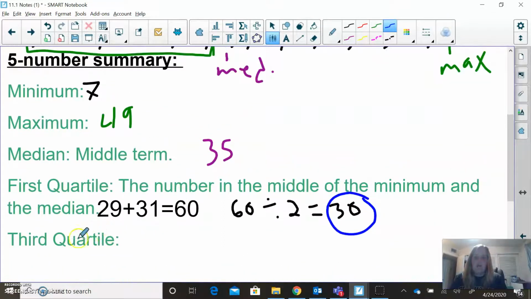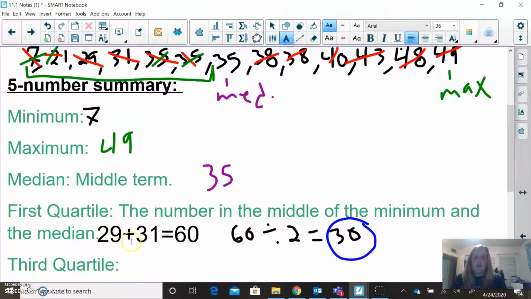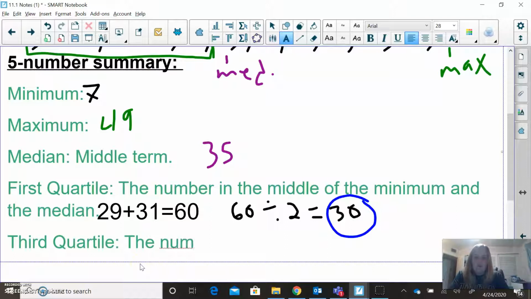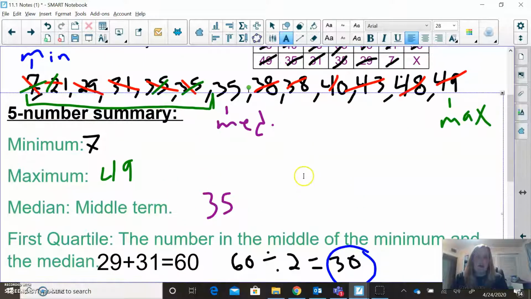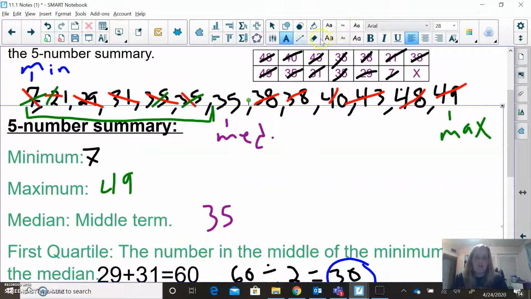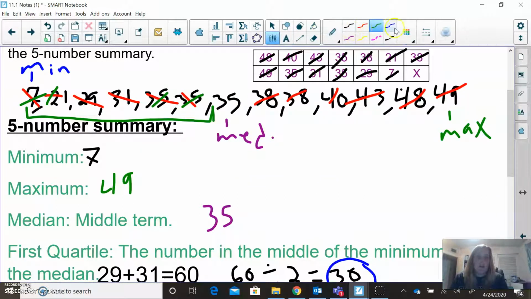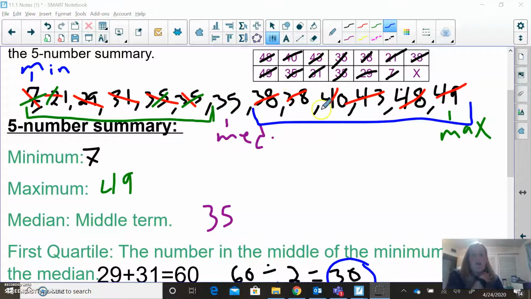Then we have the third quartile. The third quartile is the number in the middle of the maximum and the median. So we're going to look at just the right-hand side of the data, from 38 to 49. We're going to do the same thing: cross out left, cross out right, cross out left, cross out right.